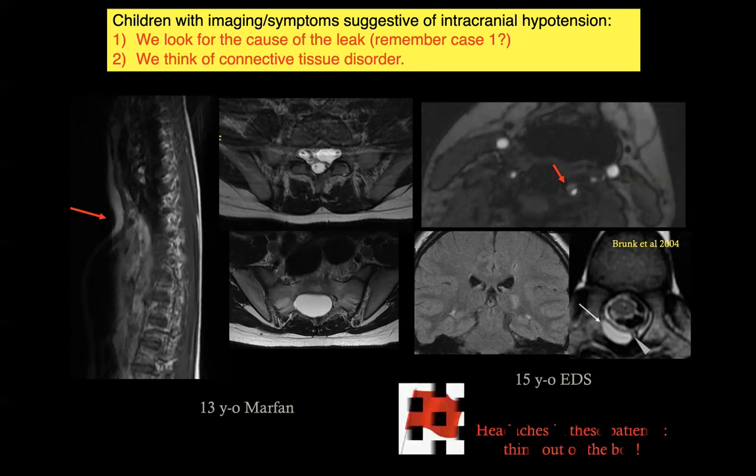So headache in this patient can be due to several things. So think out of the box, put together all the pieces of the puzzle. But it's very important that in a context suggestive of orthostatic headaches, you basically consider connective disorder in a child.